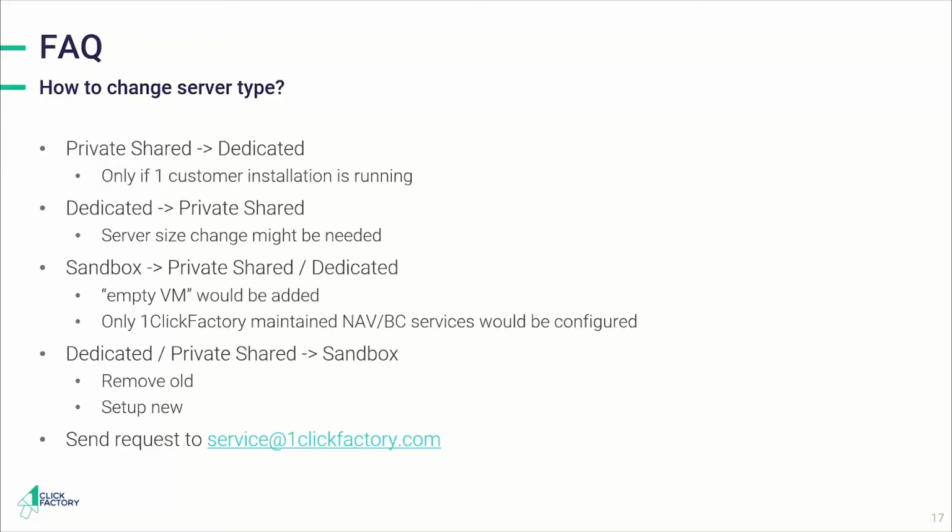So you would basically need to do the setup once again on the second machine that we would be adding. And we would be adding only the default instances or the instances that we provision for the service. So if you have some custom instances, you would have to configure those on the second machine yourself. So basically it's possible, but there's quite some configuration needed.